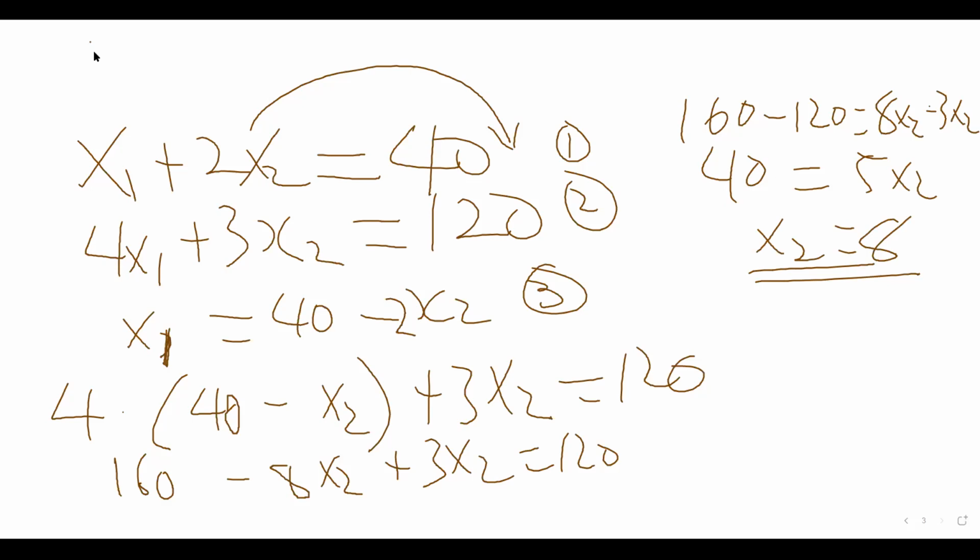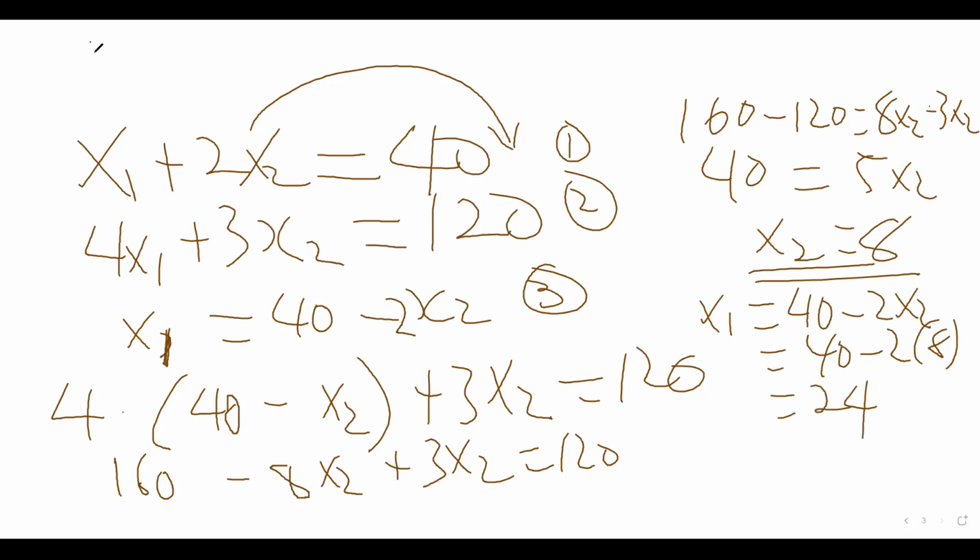Now substitute that into your equation 3, which is x1 equal to 40 minus 2x2. So that gives you 40 minus 2 into bracket 8, and that'll give you 24. So your x1 is 24.